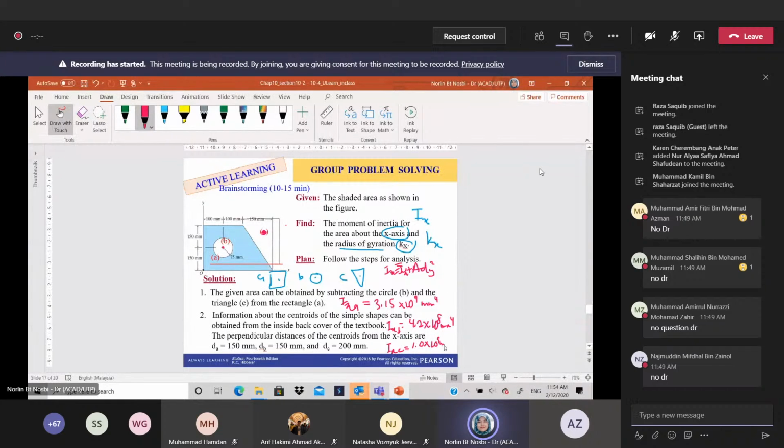The Kx is equal to 146 millimeter. So I have already given you the answer. Try to do it. You must follow the rule, step by step. There are 4 steps.